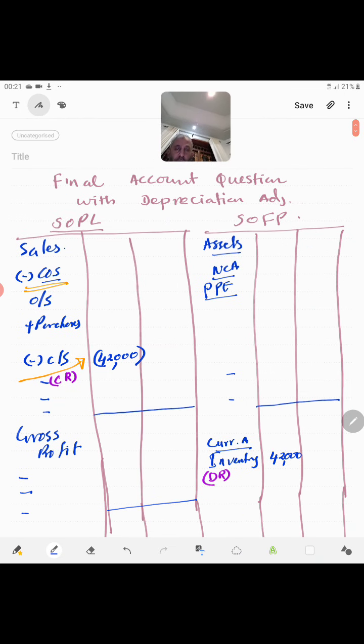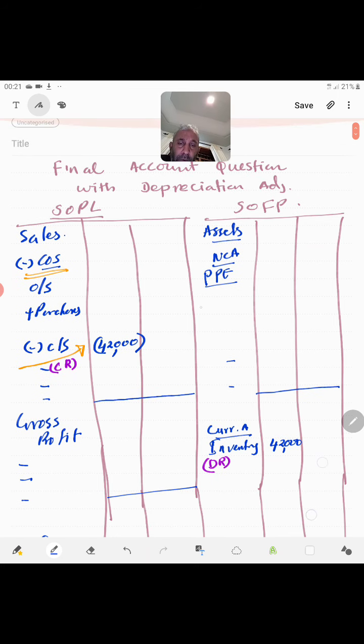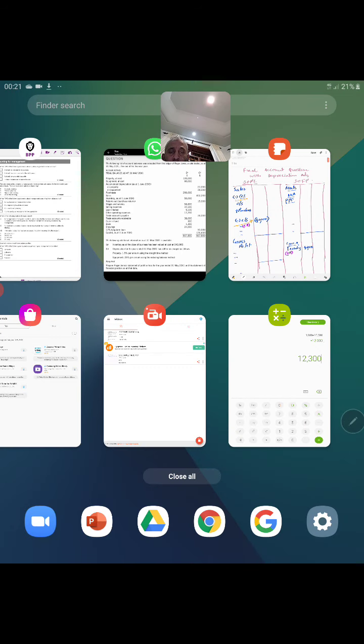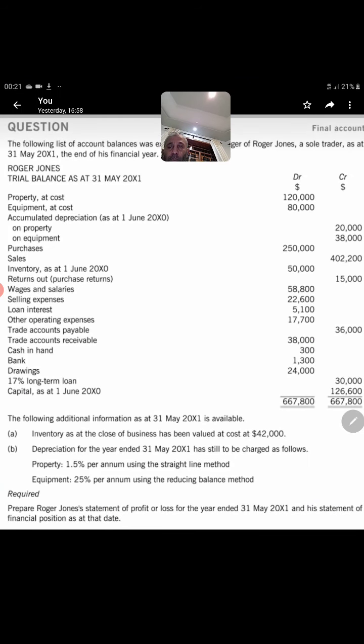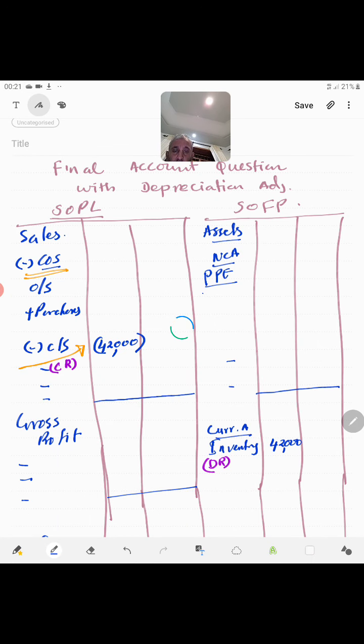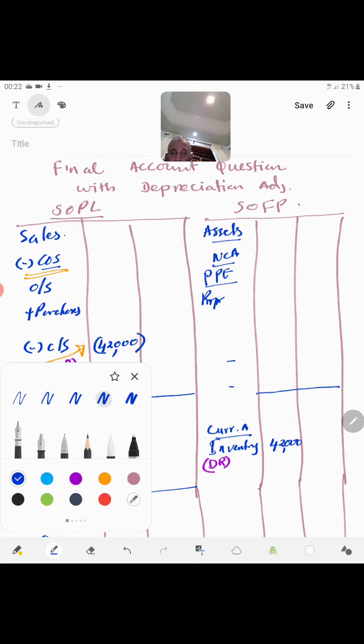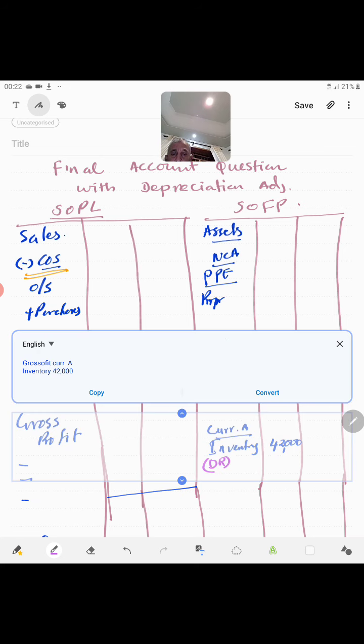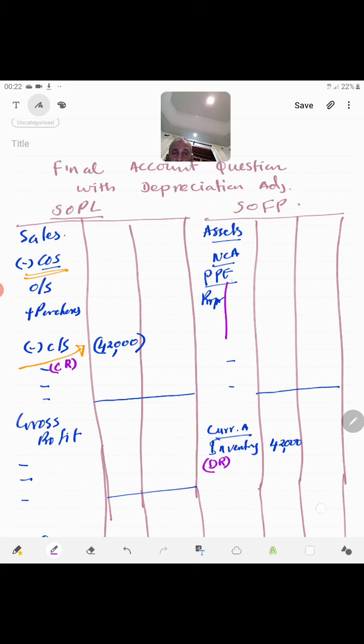And we come back to the non-current asset property. We need to split this, and here the cost, accumulated depreciation, and net book value.